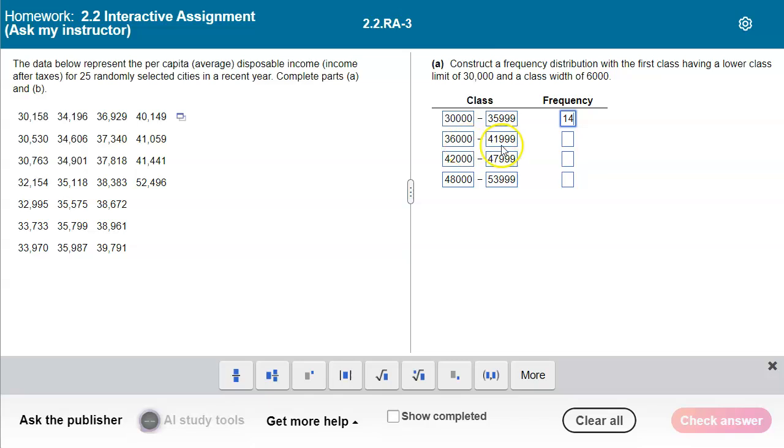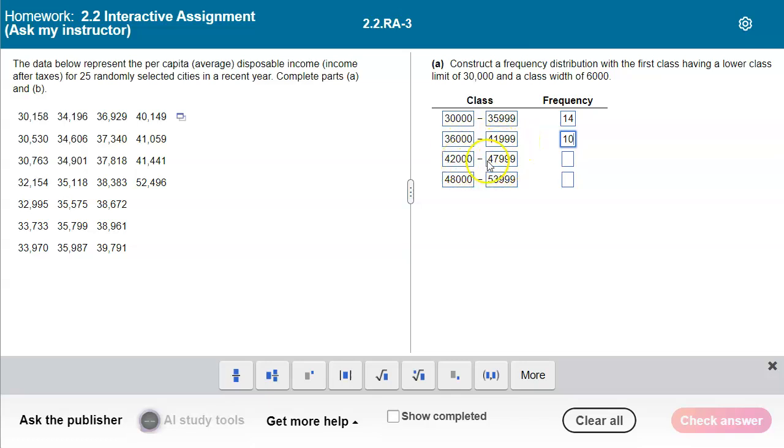Now I'm going to do that for the next interval. How many pieces of data are in this interval? So let's see here. There's 1, 2, 3, 4, 5, 6, 7, 8, 9, 10. So we have 10 pieces of data, 10 counts is what we counted, 10 things here in this interval.